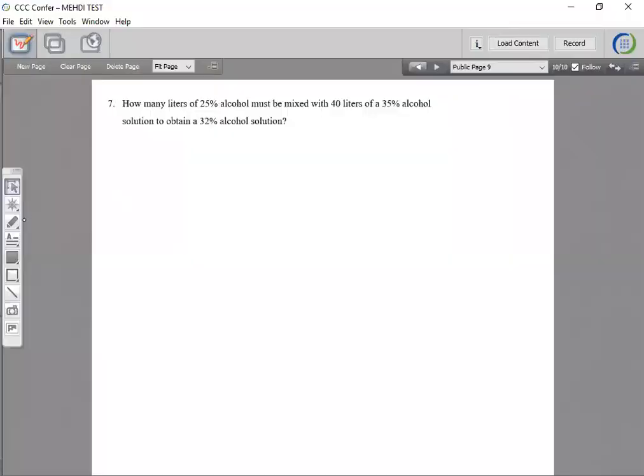Here's a mixture problem. It says how many liters of 25% alcohol must be mixed with 40 liters of 35% alcohol solution to obtain 32% alcohol solution. For this kind of mixture problem, I suggest that you picture it.